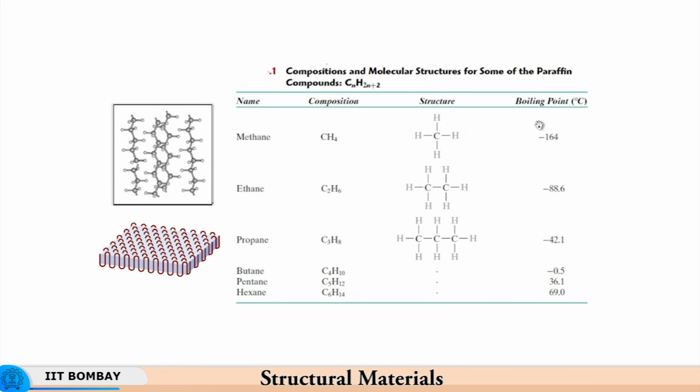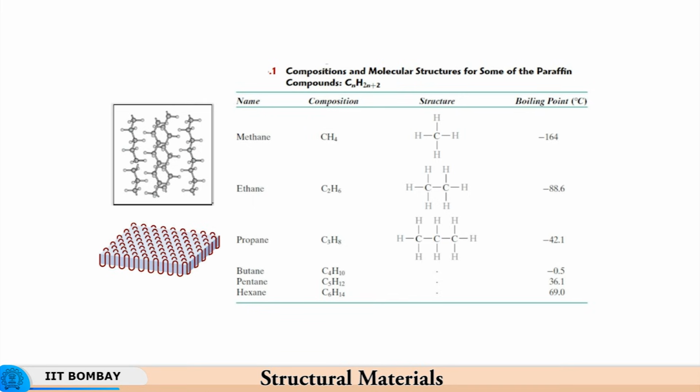So the same thing will apply to melting point also. Now melting point in some of the polymers comes after the so-called glass transition temperature. So we will discuss these two properties a little later.